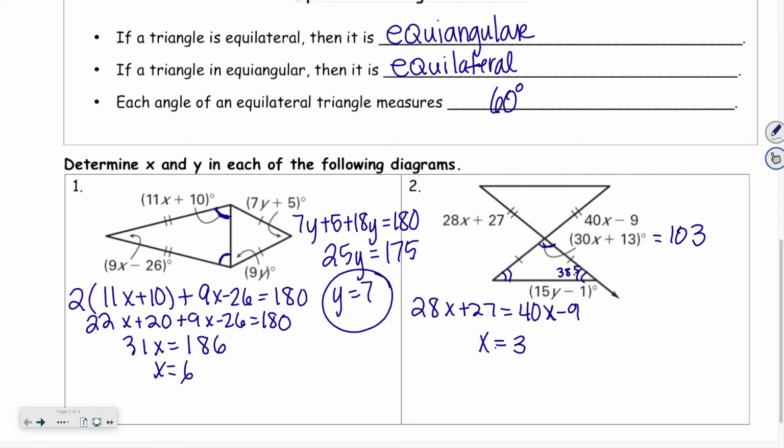Then to get what's outside, I'm going to do 180 minus 38.5. So 15y minus 1 equals 141.5. And I believe you get 9.5 if I'm correct. Is that right? Okay.